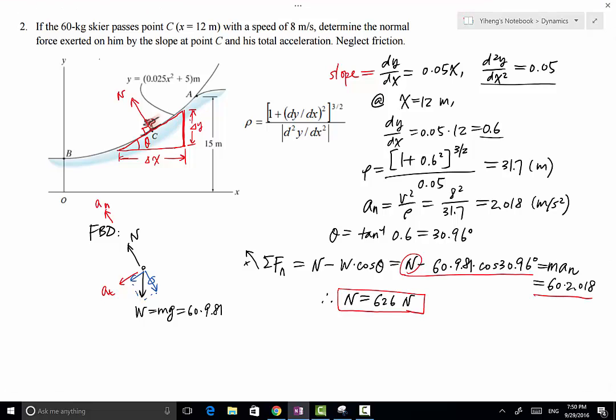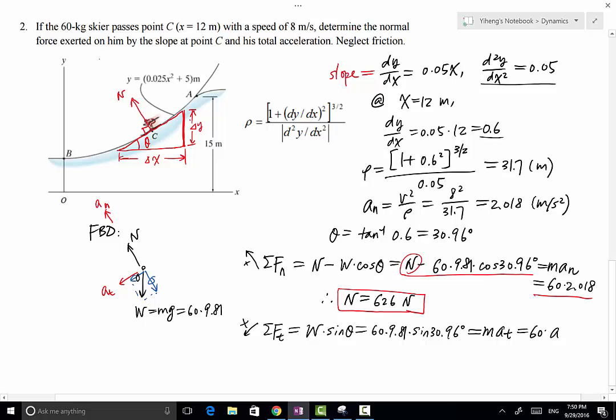We can also write the resultant force along the tangent direction. Normal force does not have a component along the tangent direction, only the weight force, this component right here, which is W sine theta, which equals 60 times 9.81 times sine 30.96 degree, and that equals m at, which is 60 times at.